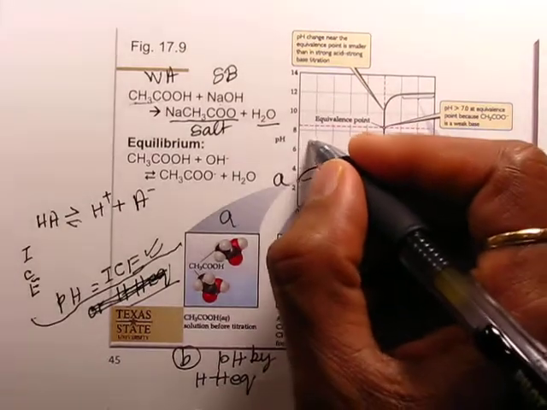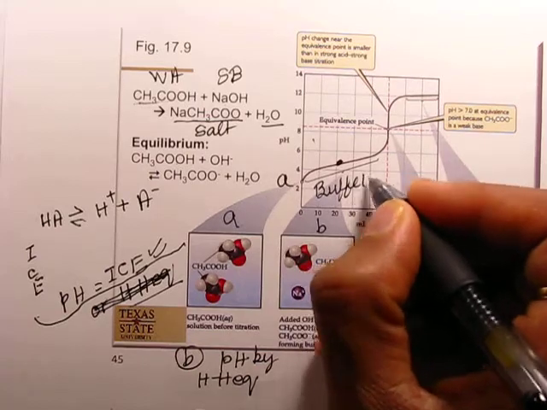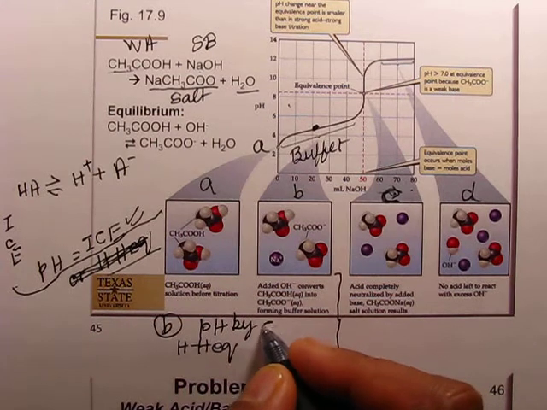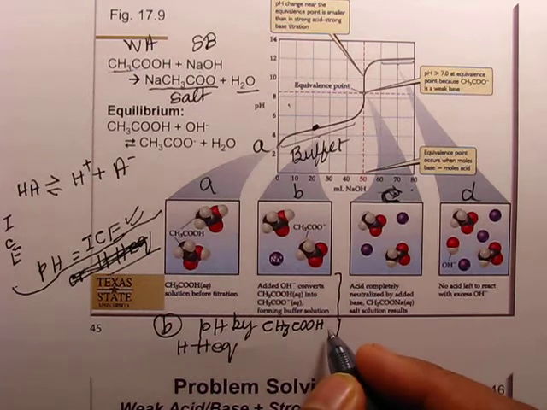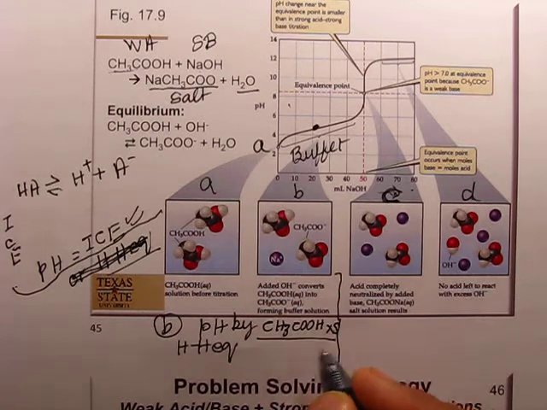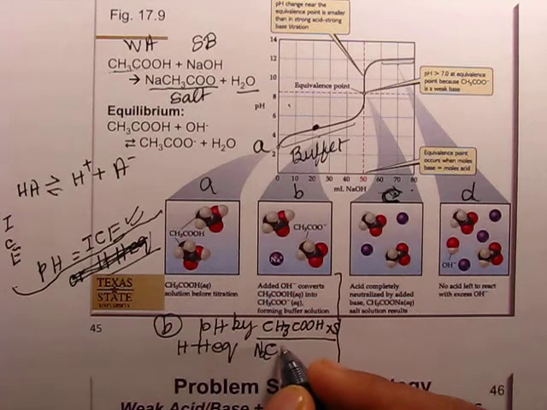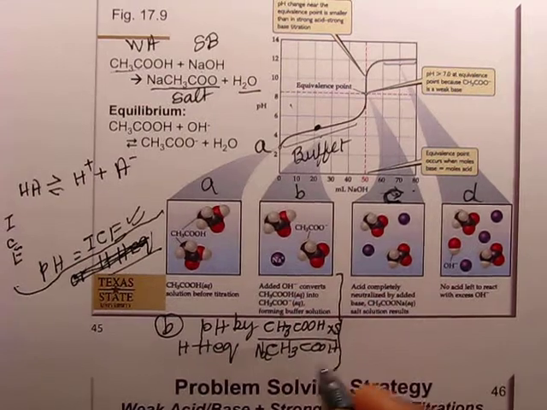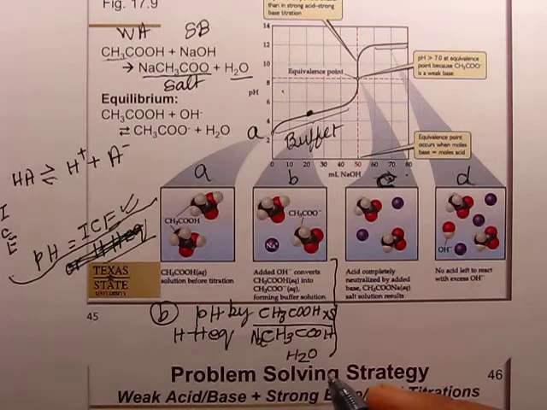This is a buffer region, and it is like this because we have acetic acid, CH3COOH, in excess, and then we have some salt. A weak acid and its salt together allow us to calculate the pH using the Henderson-Hasselbalch equation. So these are the three things there.